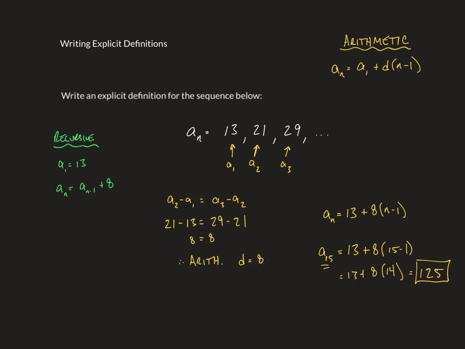And I could double check and make sure that this works by testing to make sure that by plugging in a 1, I get 13, and by plugging in a 2, I get 21, and so on. So you could check this, but this will work for every arithmetic sequence. So this is a formula that we probably want to have boxed, circled, memorized somewhere. So let's practice using that a couple times.